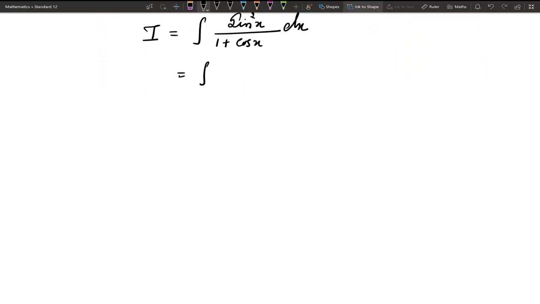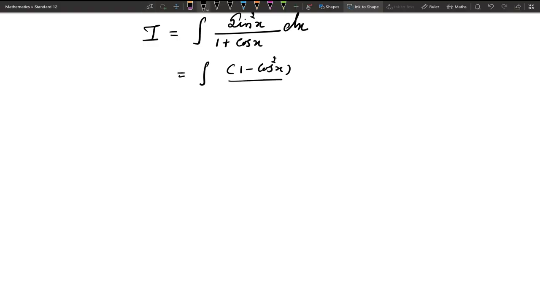In the numerator replace sine square by 1 minus cos square x. Initially you will get some problem getting such an idea, but if you use some alternate method you can't reduce it into standard form. So immediately you will get the idea that the numerator must be replaced by 1 minus cos square x.